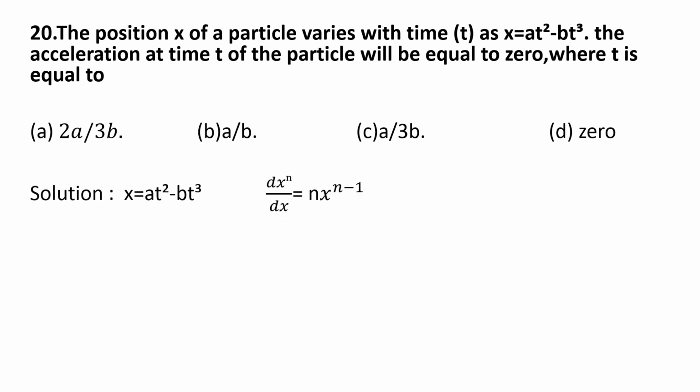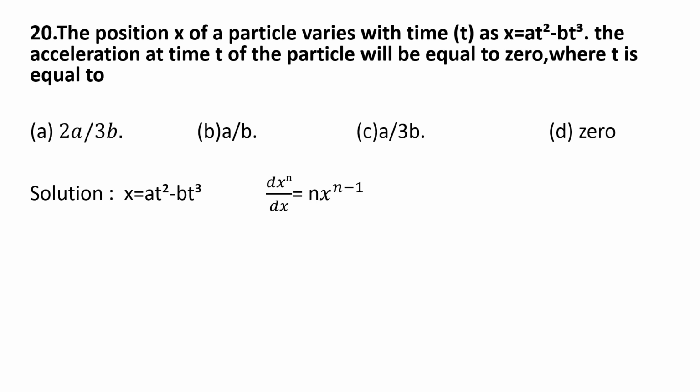You know the formula for differentiation, that is differentiation of x to the power n with respect to x is equal to n into x to the power n minus 1. Using this formula, you have to differentiate the equation x is equal to at square minus bt cube.